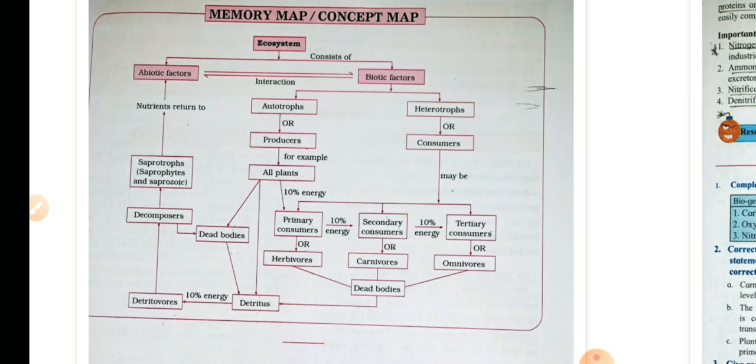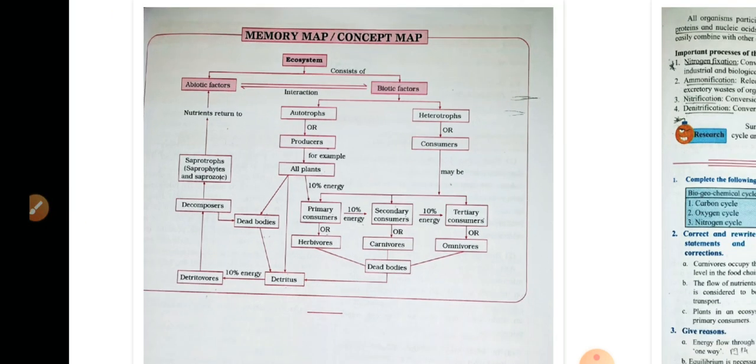Again, nutrients are returned to the abiotic factors. So in this way, the concept map gives you an idea of the whole lesson. If you study this concept map, automatically you will be able to understand the lesson in a much better way.